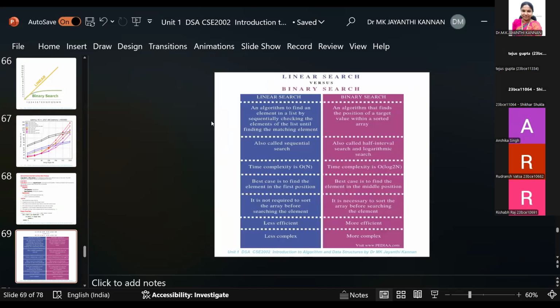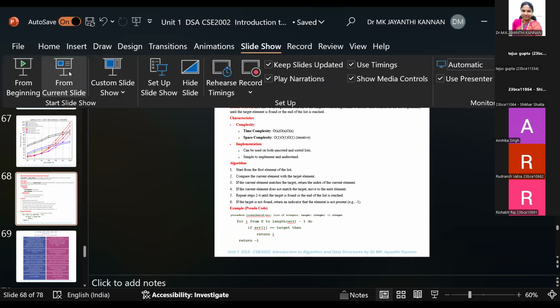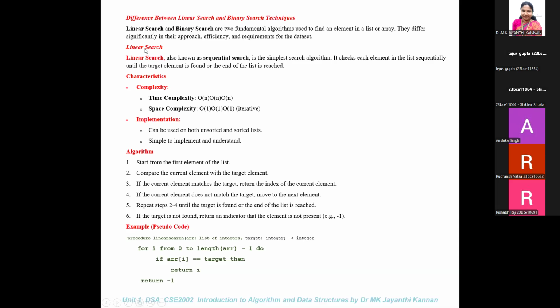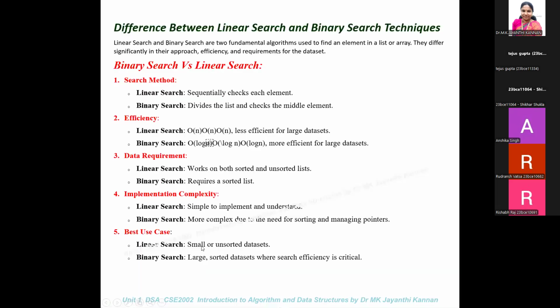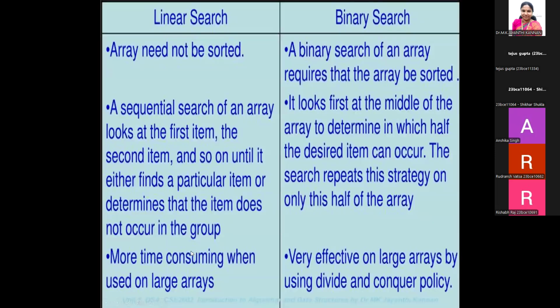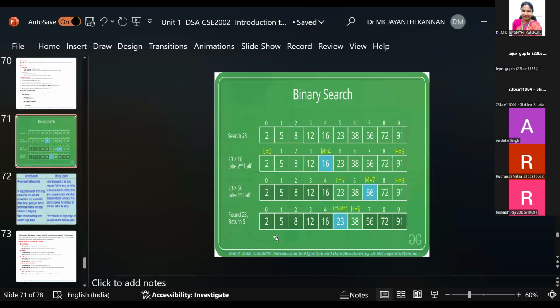Here I have mentioned the difference between both. What is linear search? I have mentioned what is linear search, what is the complexity, algorithm, pseudocode. The same way binary search algorithm, pseudocode, and the programs also. Anyhow, I'll share it with you.